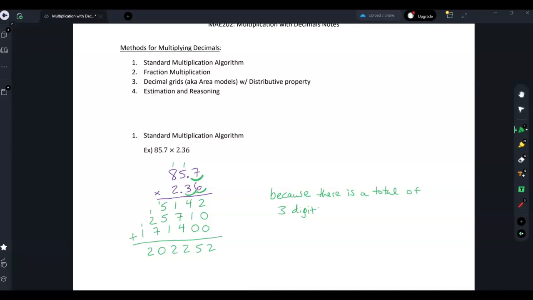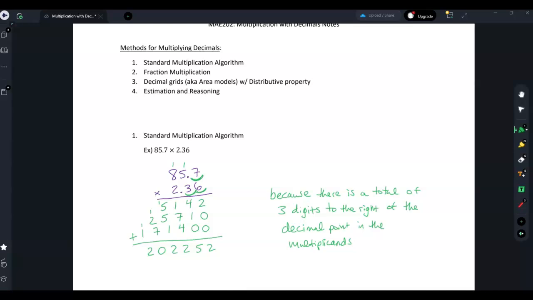I'm just going to write a brief explanation of that. So 1 digit behind the decimal in our first multiplicand, 2 digits behind the decimal in our second multiplicand.